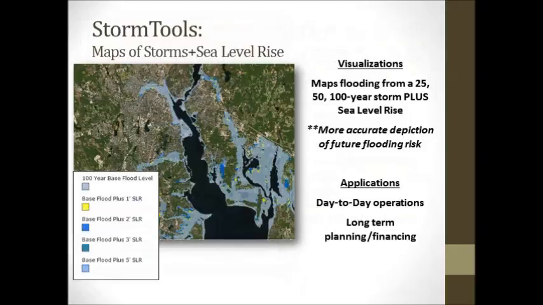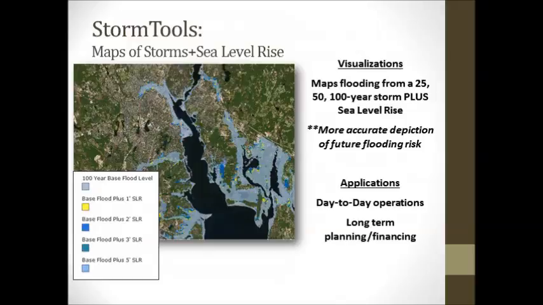As I mentioned, STORMTOOLS is a really robust and innovative online map viewer that has been developed through the beach SAMP, and we had a whole meeting devoted to this online map viewer.